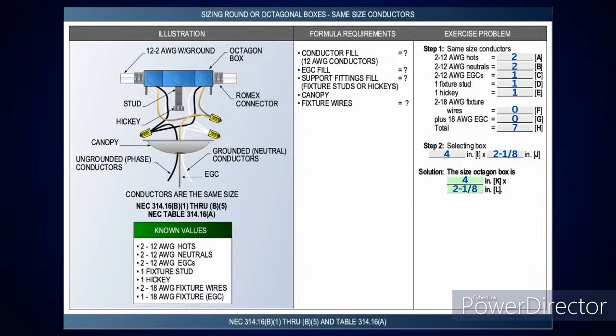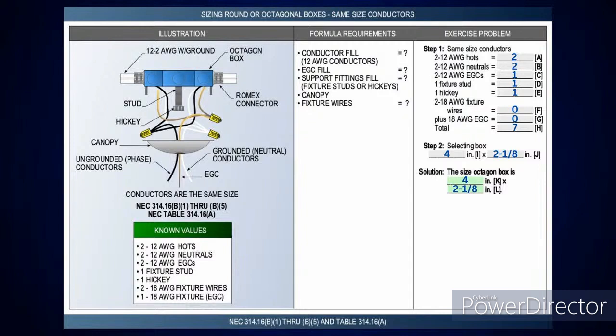Last week we went through the start of it, talking about the method that you will use in order to count the conductors. That's what we're going to reemphasize here this week. If I look at this, you'll notice in the illustration we have a canopy. Now, if I have 4 or less wires and they are 14 or less in size, then I don't have to count those conductors.